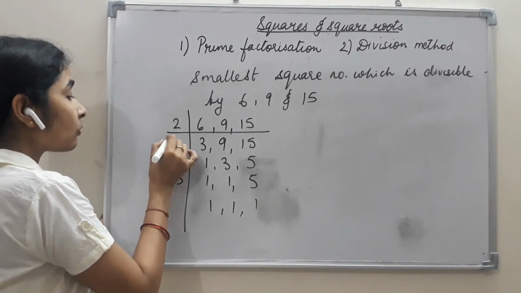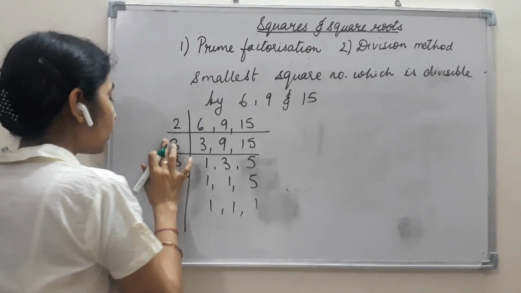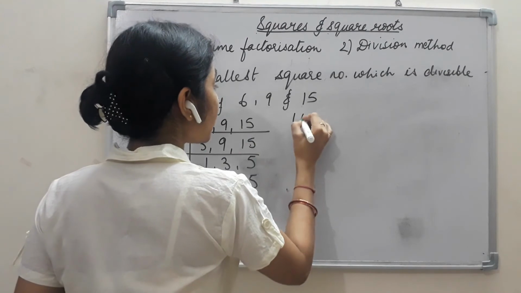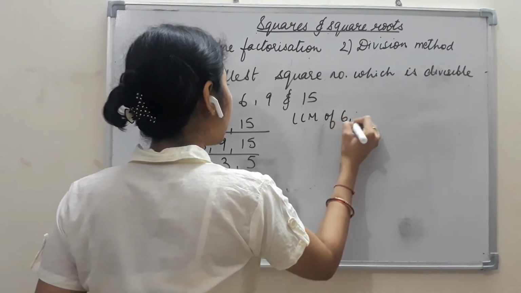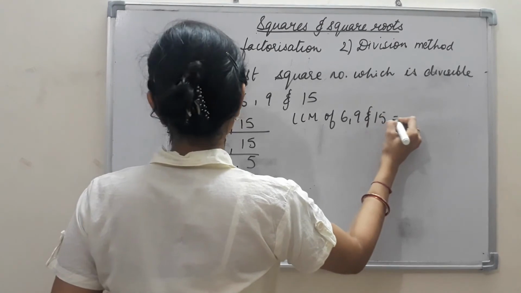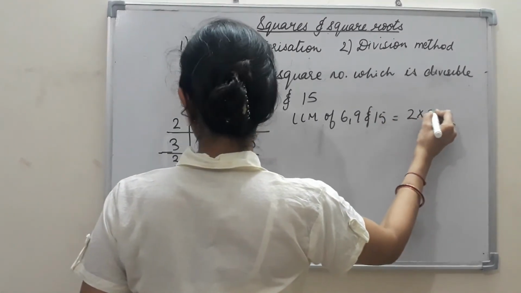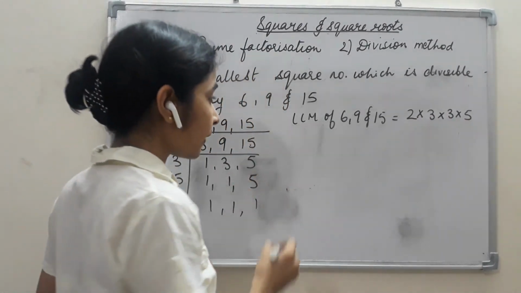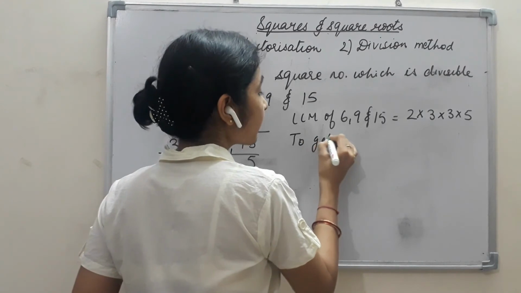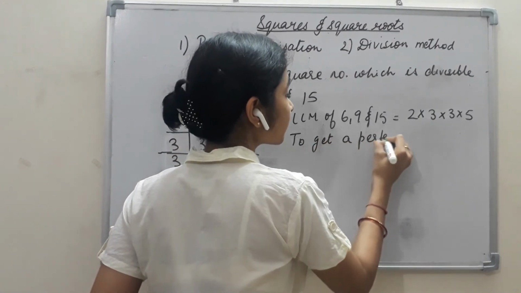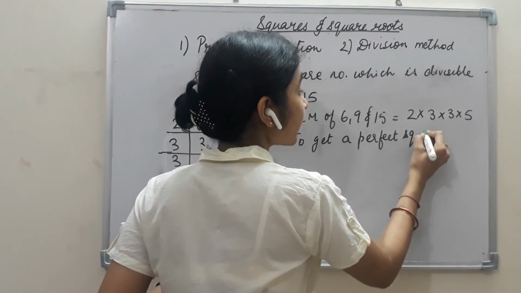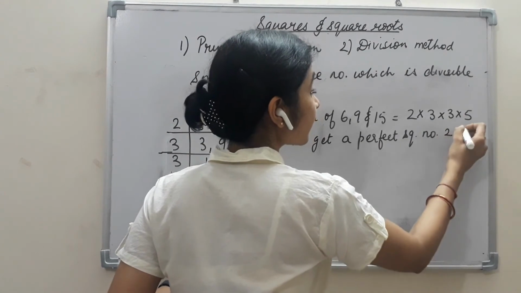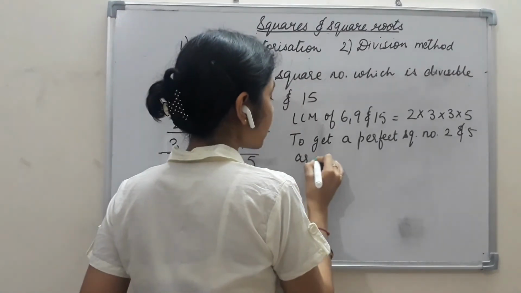Okay, so here we see that only 3 is in pairs. Okay, but right now we have taken the LCM, so we will just see that what is the LCM here. So LCM of 6, 9 and 15 is equal to 2 into 3 into 3 into 5. Okay, to get a perfect square number, 2 and 5 are not in pairs.